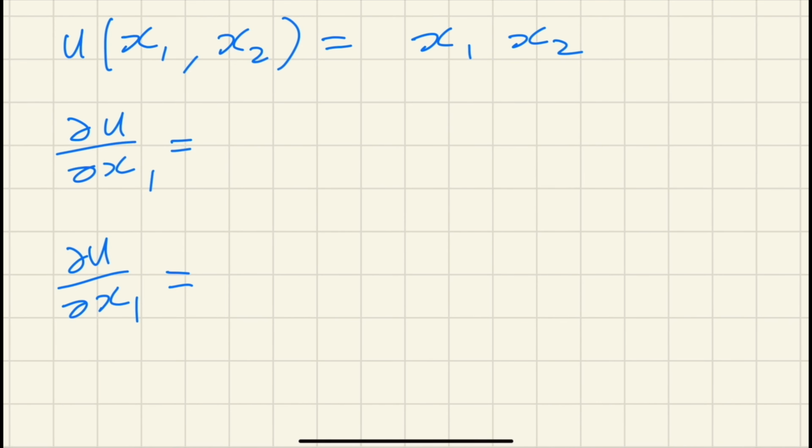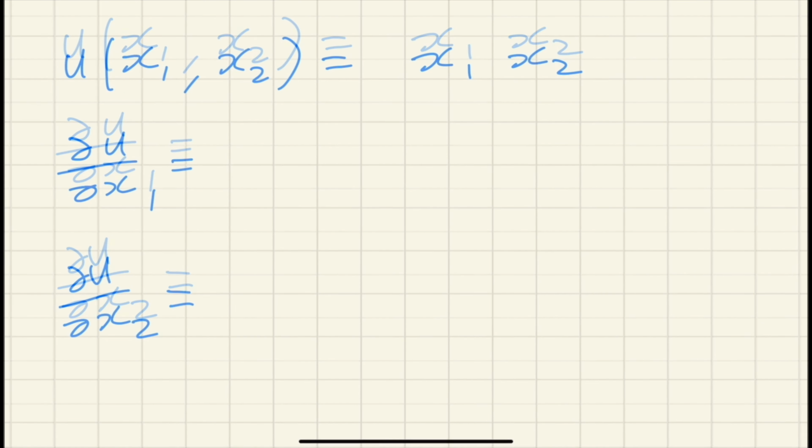So just treat them as x and y here, and try to solve for the partial derivative for x1 and the partial derivative for x2. Please feel free to pause the video and give it a try.